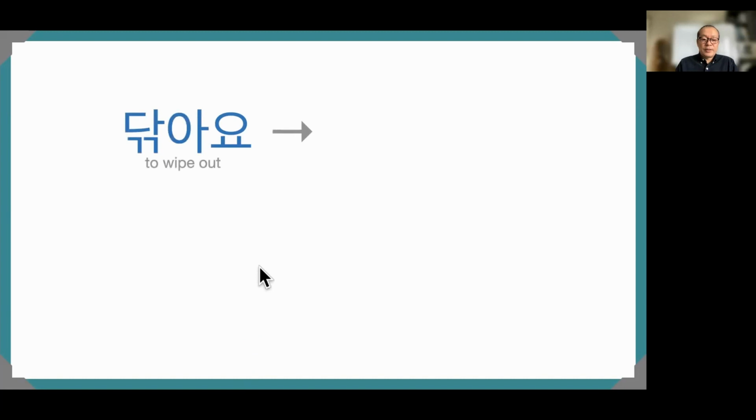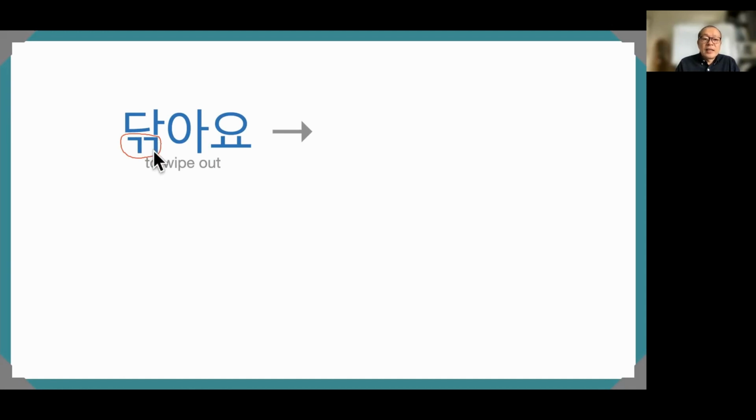What about this one? There are two final consonants here, right? But actually, this is not two final consonants. This is a double consonant. In that case, the same 그 sound doubled, right? We studied double consonants before.